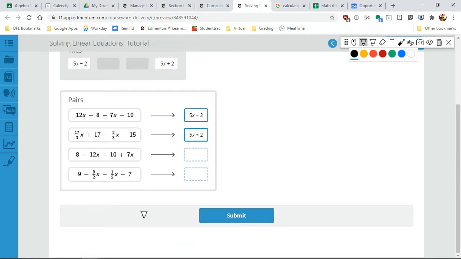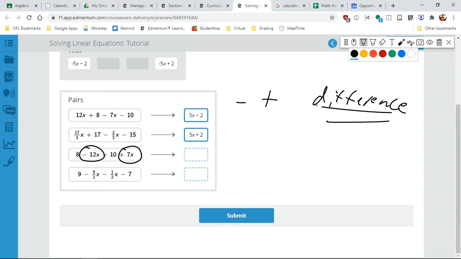So the next one, we're going to have negative 12 and positive 7x. So we're basically just subtracting whenever they're different. Think difference. I don't know if you guys remember your keywords, but difference means subtract.